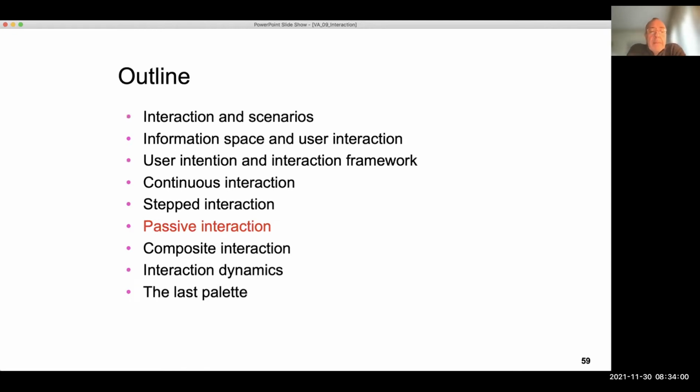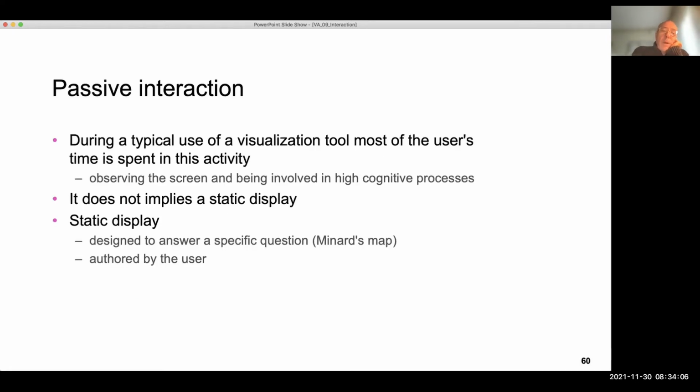Let's remember something about what we discussed as a passive interaction. If you are observing a complex system, a visual analytic system, you got last week some complex examples about information, cybersecurity and information visualization and visual analytics for cybersecurity, attack paths, vulnerabilities, whatever.